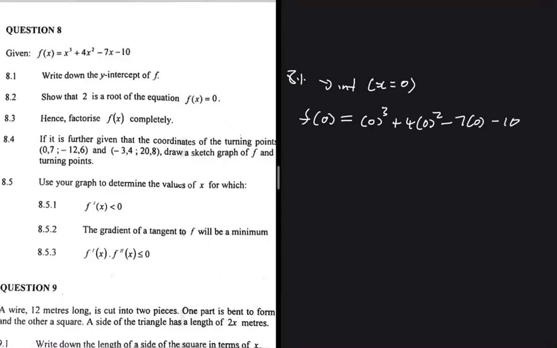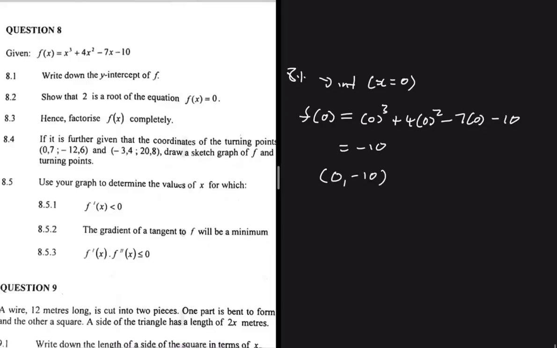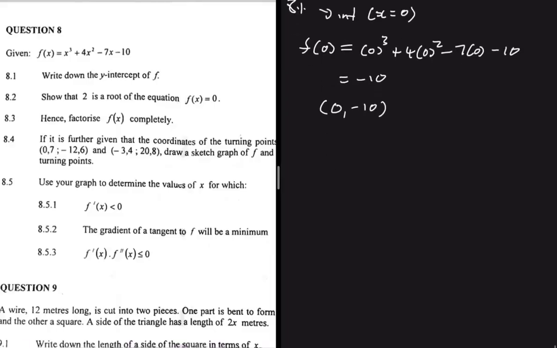It's easy here to see that your answer is going to be equal to minus 10, right? So that is the y-intercept of f. y equals minus 10. We have a coordinate where the x is 0 and the y is minus 10. Right, that is 8.1. Let's go ahead and do 8.2.